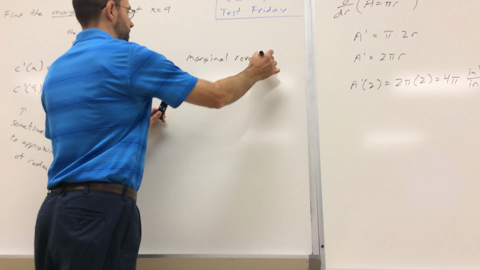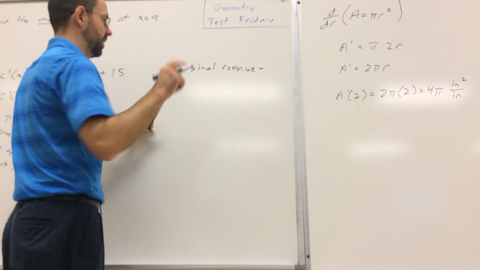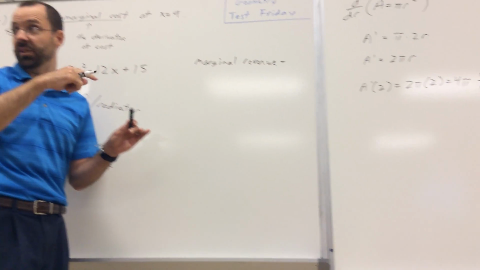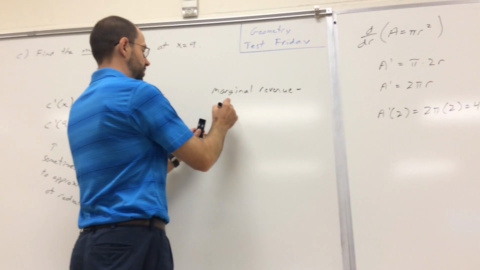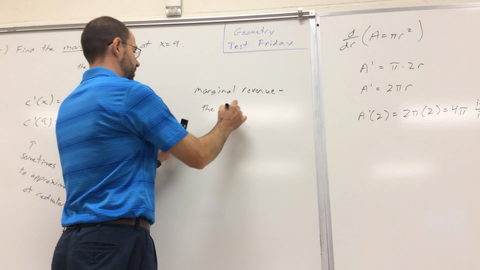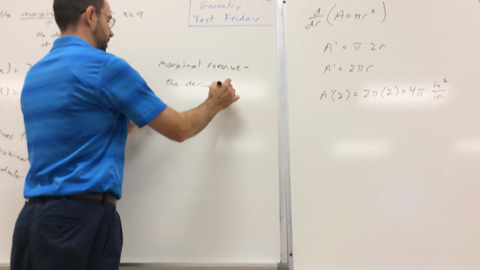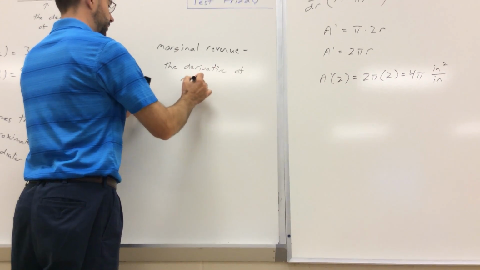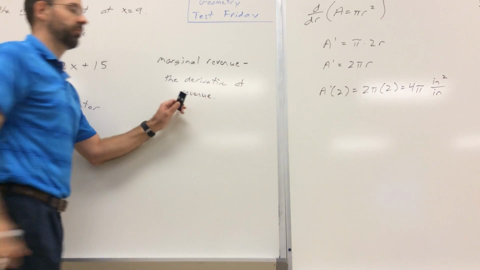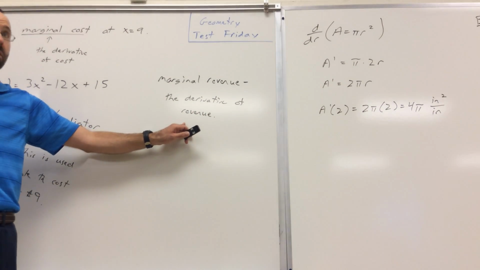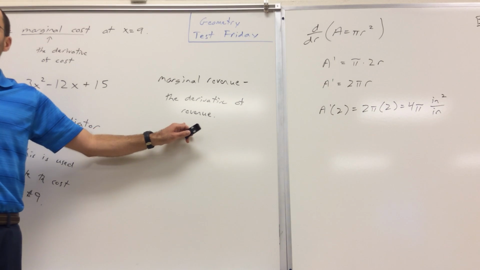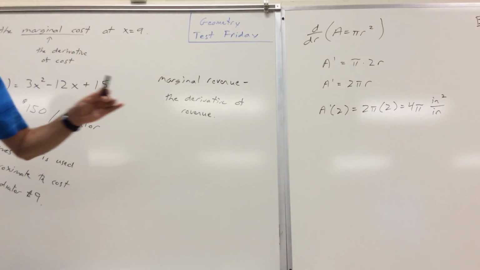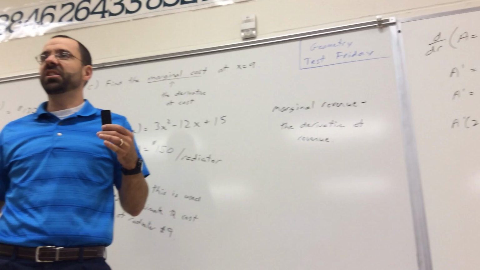Now, Josh, you did have something good to say in there, so I didn't want to just totally shoot you down, but let me get this down. So a marginal revenue is the derivative of revenue. So in business terms, the word marginal basically means derivative.